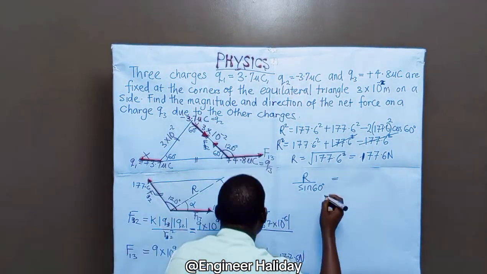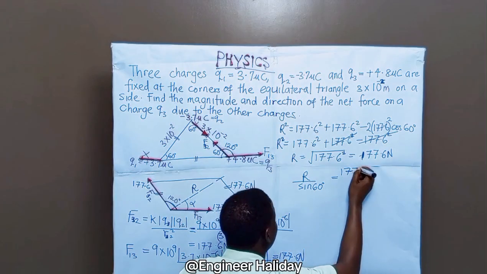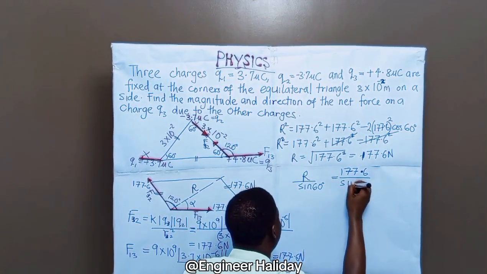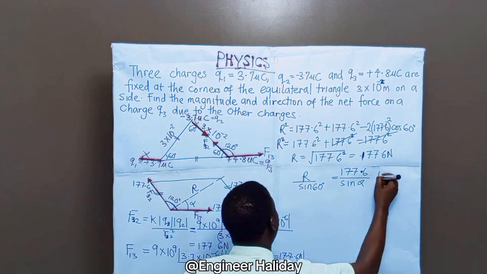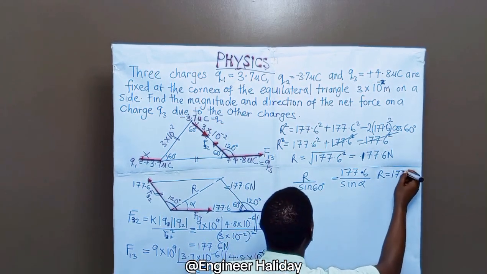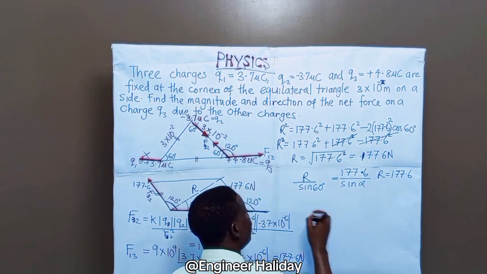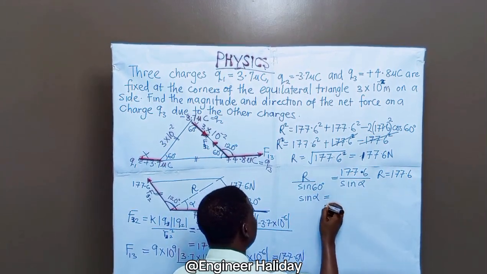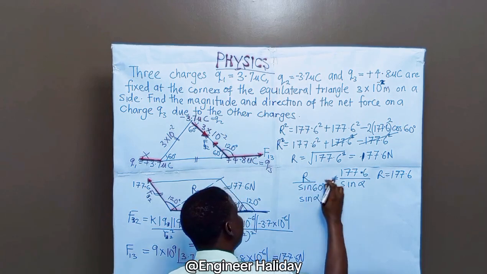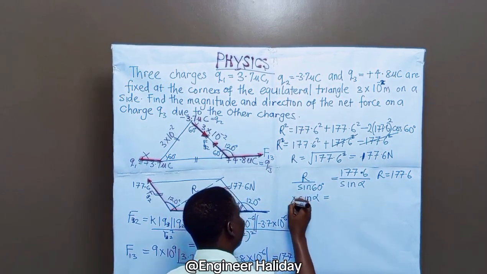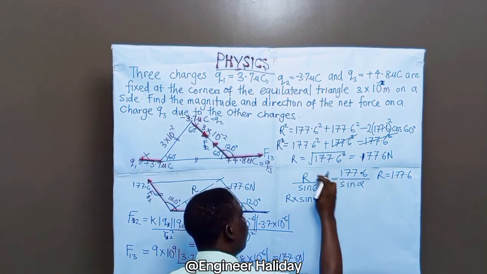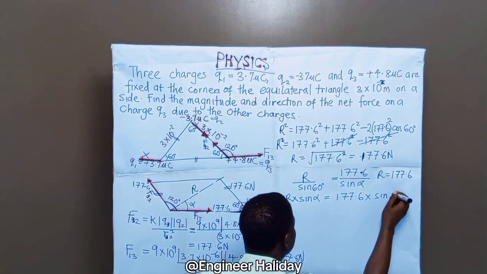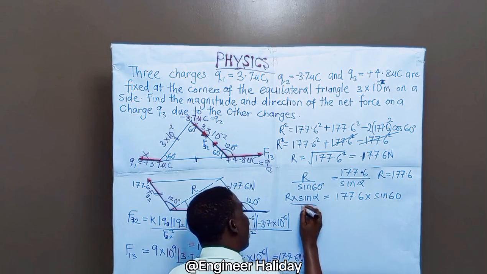So this one will be 177.6 divided by sine alpha. Don't forget our r equals 177.6. If you cross multiply, you want sine alpha times r equals 177.6 times sine 60.